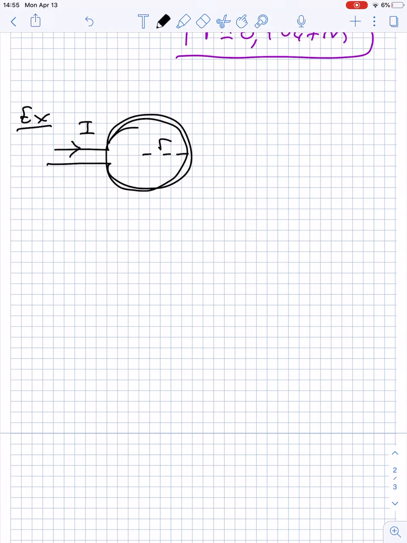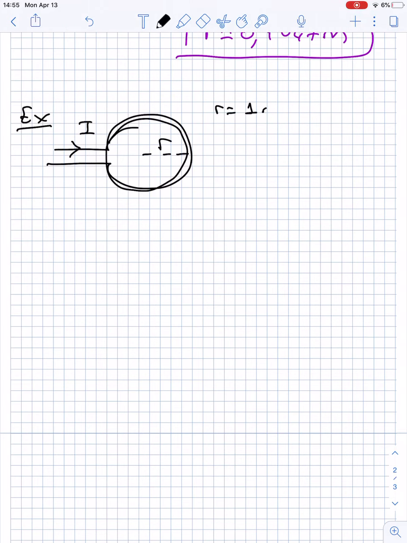Next example. I have a circular loop like this, and my coil is turning around the circle, and the radius is R, and current is coming like this.